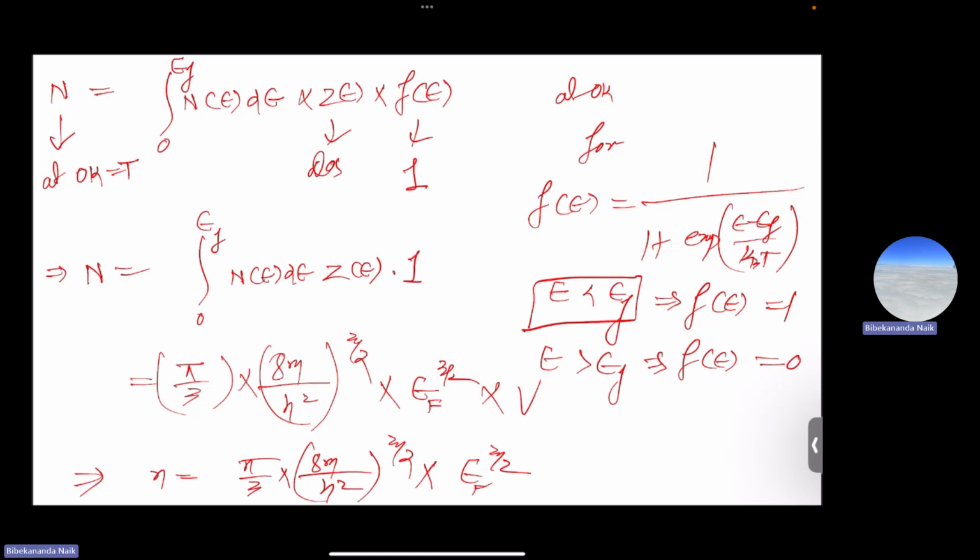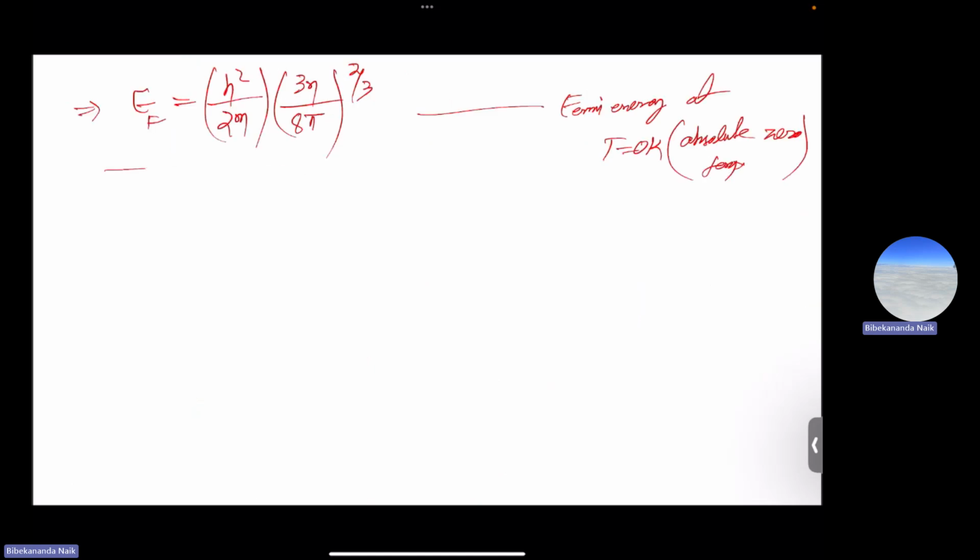So exponential minus infinity is 0. So 1 by 1 plus 0, that is 1 by 1 equals 1. Similarly, for E greater than EF, it will be plus infinity. So 1 by infinity will be 0. Then if you put all the formulas and calculate, this is the relation, and if we apply it, we can easily get the answer.